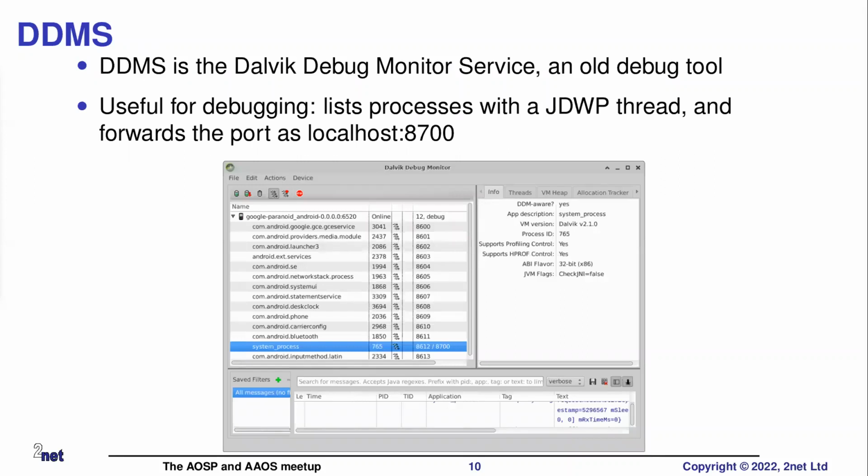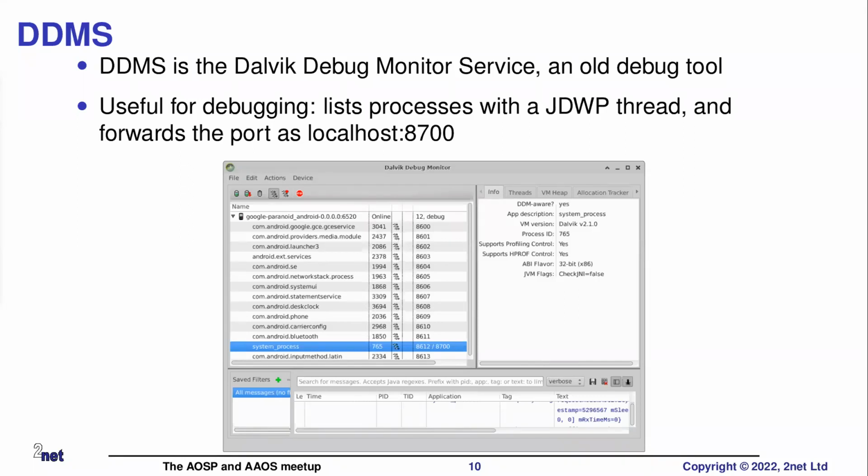However, there is a slightly neat way of doing this. For those of you who have been working on Android and AOSP for 10 years or more, then you probably remember DDMS, the Dalvik Debug Monitoring Service. It has fallen into disrepair, and most of the functions in DDMS don't work anymore.